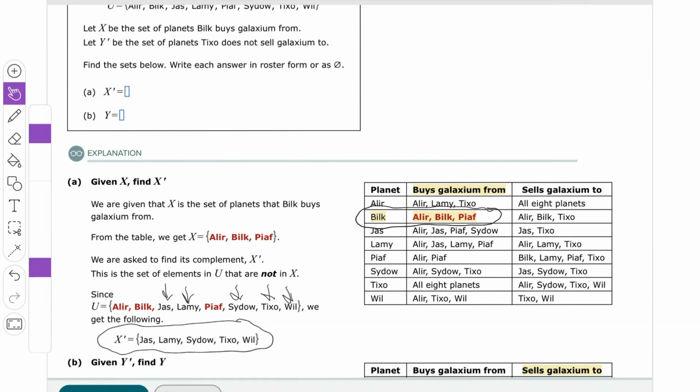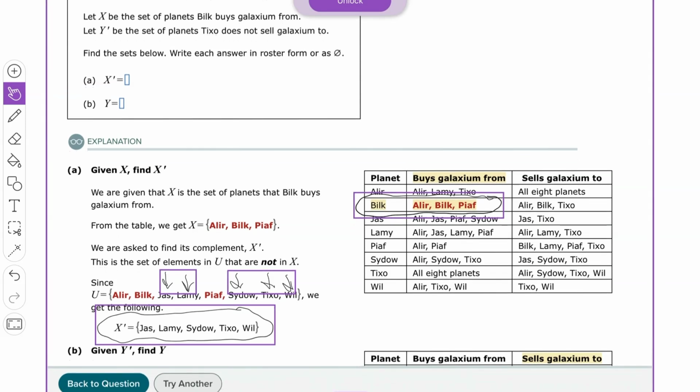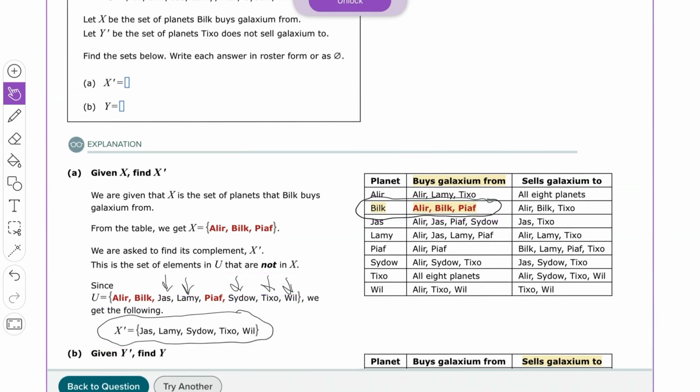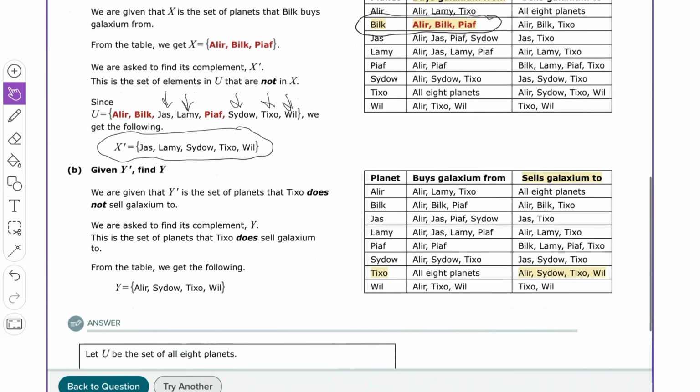Now, if we are given Y prime, the complement of Y, let Y prime be the set of planets Tixo does not sell Galaxium 2. You see the sells Galaxium 2 column, right?